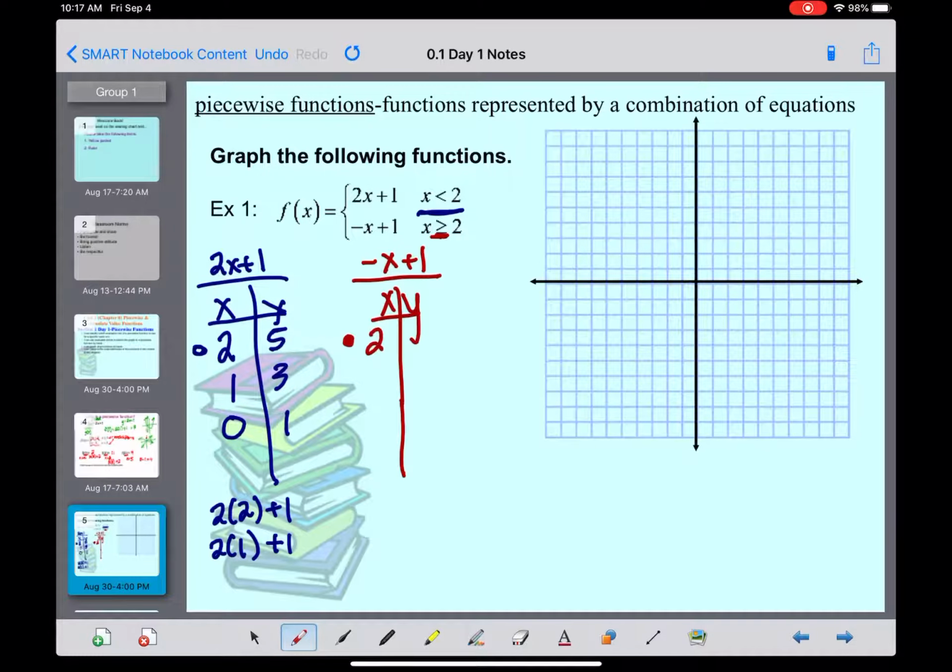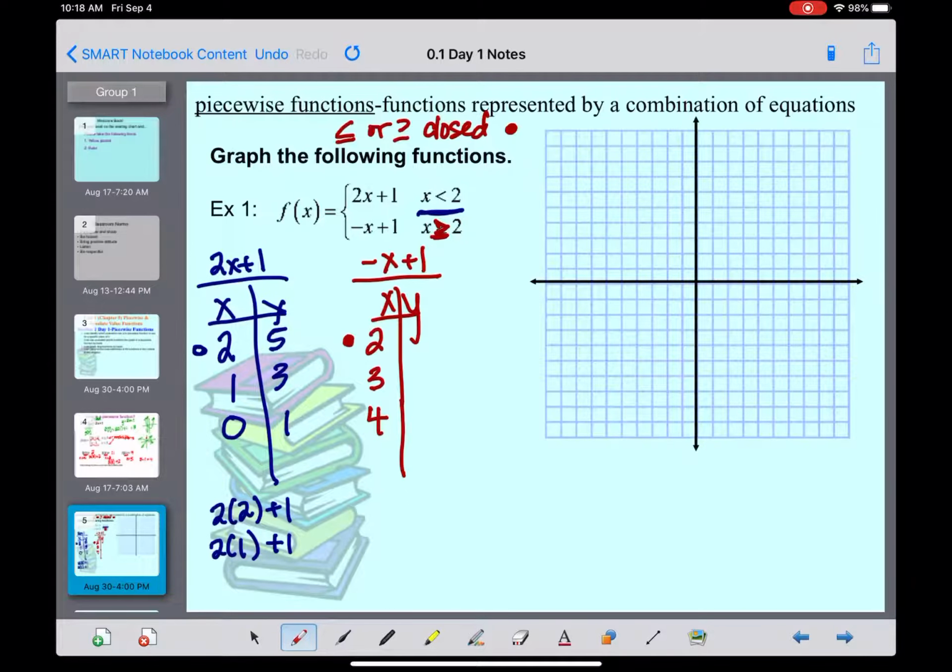Whenever I have the equal sign underneath it, the less than or equal to or the greater than or equal to, that's where you're going to have your closed circle. So now I want x's that are greater than or equal to 2: 2, 3, 4. Then I plug those values into negative x plus 1.